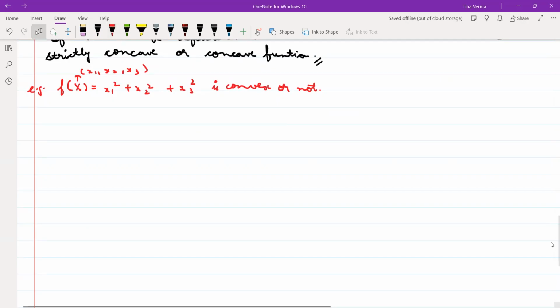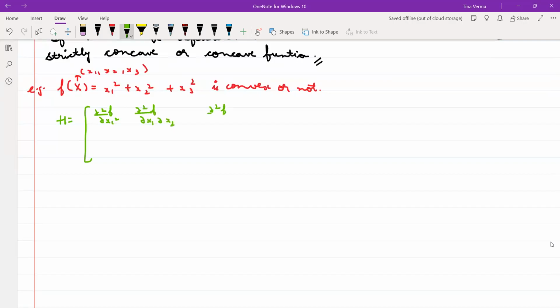So what I can do is construct my Hessian matrix. What is my Hessian matrix? That I can construct: this will be my curl squared f by curl x1 square, this will be curl squared f by curl x1 curl x2, this will be curl squared f by curl x1 curl x3.